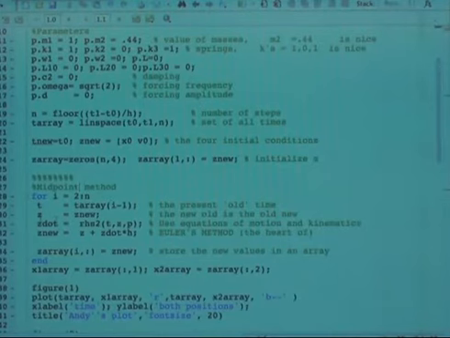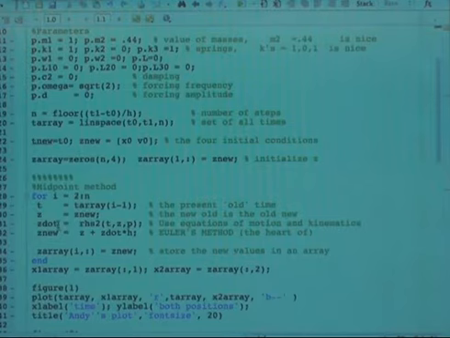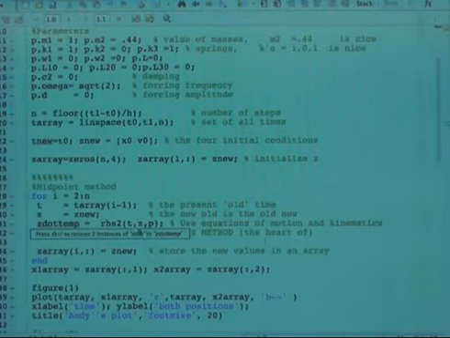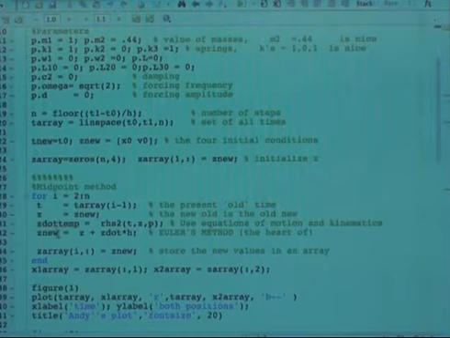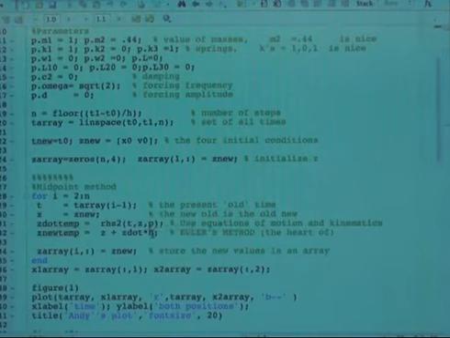And midpoint method goes like this. I've got z dot, and I'm now going to call this z dot temporary. And that's going to be the right-hand side of t, z. Now I'm going to go z new temporary. And I'm only going to take a half step here. So I'll go h over 2.